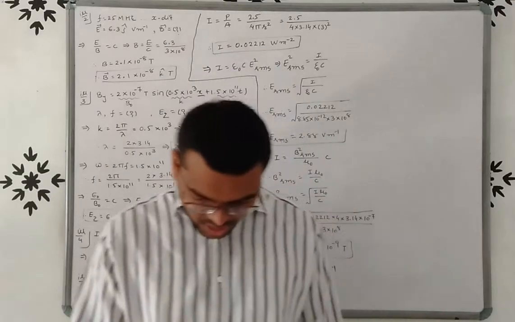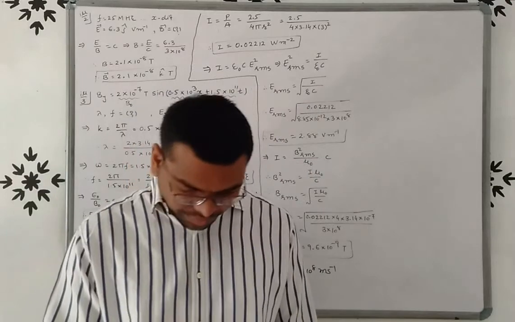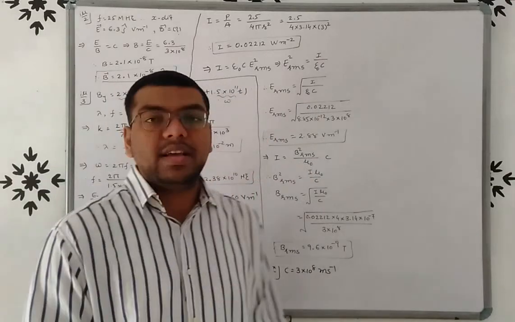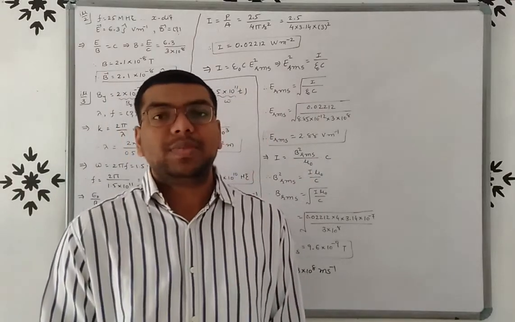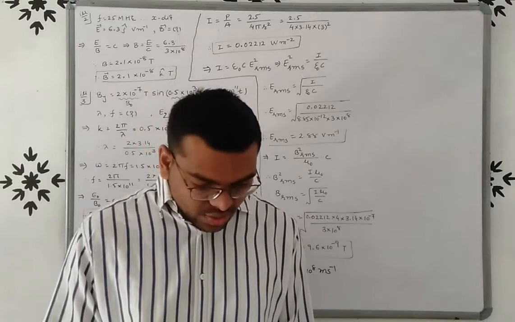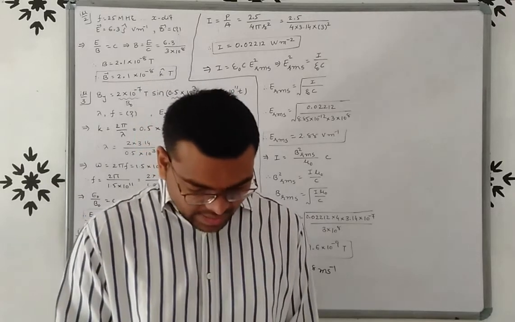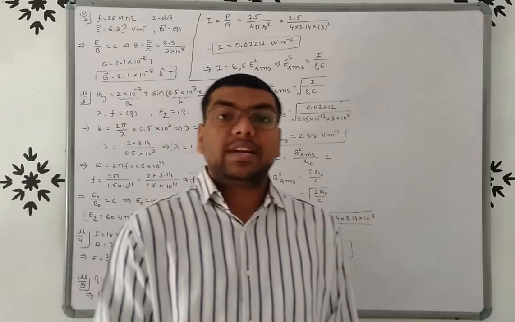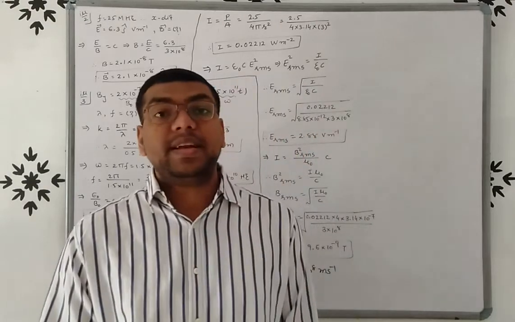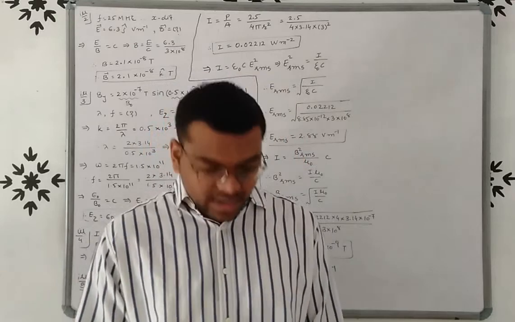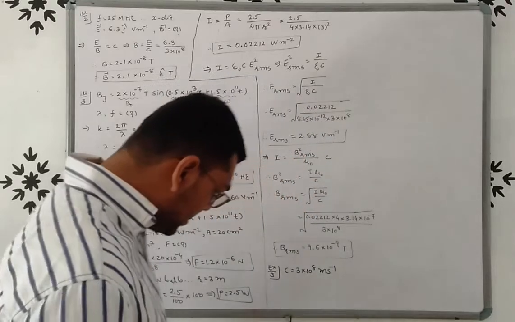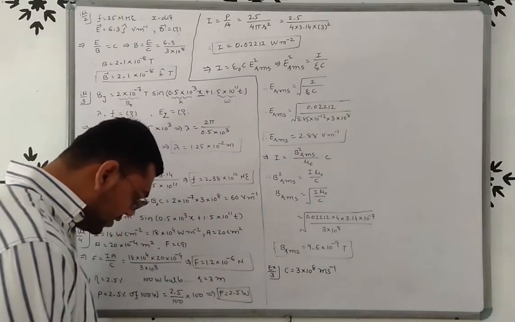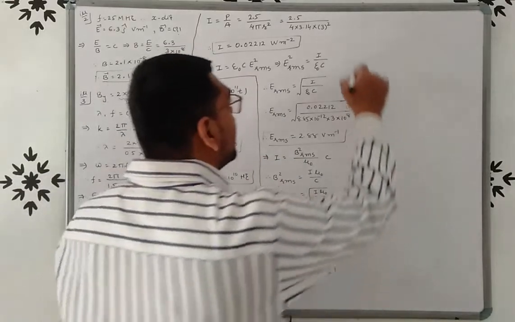Because you already know that the speed is the same as the speed in vacuum, 3 into 10 raised to 8 meter per second, since electromagnetic waves have a speed equal to 3 into 10 raised to 8 meter per second.